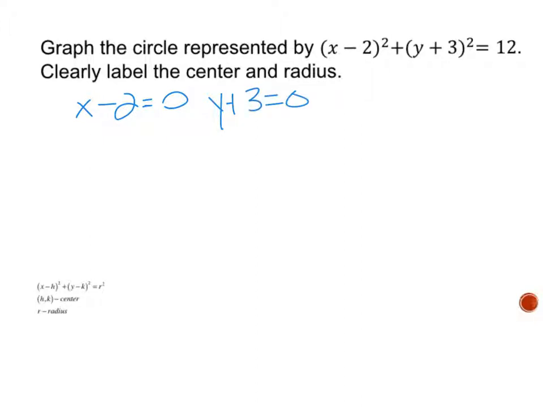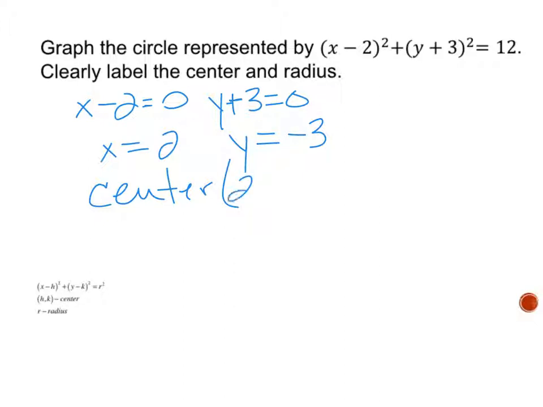When we add 2 to both sides, you get x is equal to 2, and when you subtract 3 from both sides, you get y equals negative 3. So the center of our circle is located at the point (2, negative 3).